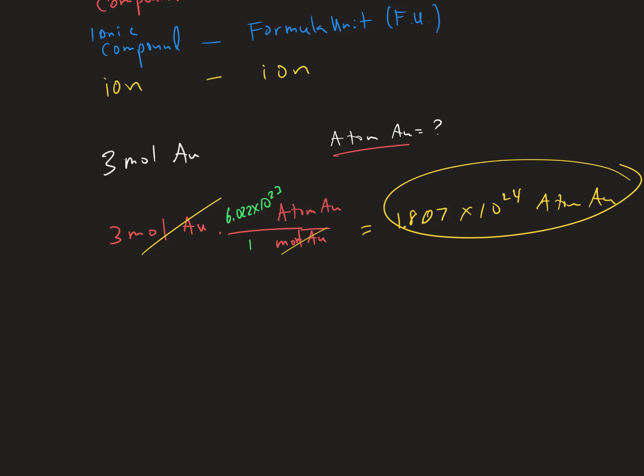That's okay. So we're going to type in 3 in our calculator. Then, since this is on top, we're going to push the multiply button. And then we're going to type in 6.022. How do you write times 10? EE or EXP or whatever the button is. It might even be times 10 to the X, right?